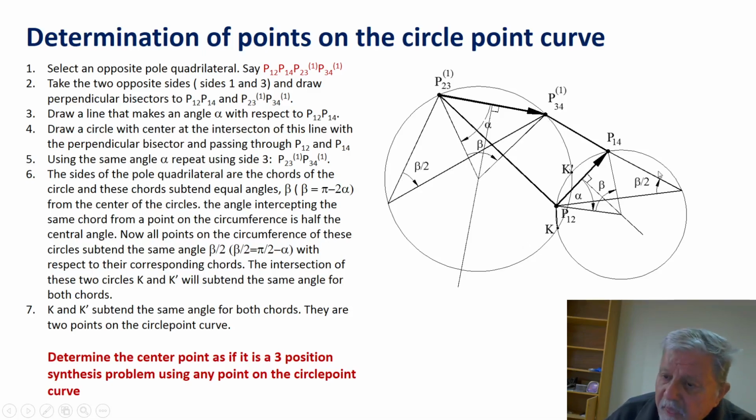You draw another circle with center at the intersection of the perpendicular bisector and this line making an angle alpha with respect to P1 to P14. This is the circle. Now, every point on this circle is going to subtend an angle beta over 2. This angle is going to be beta over 2.